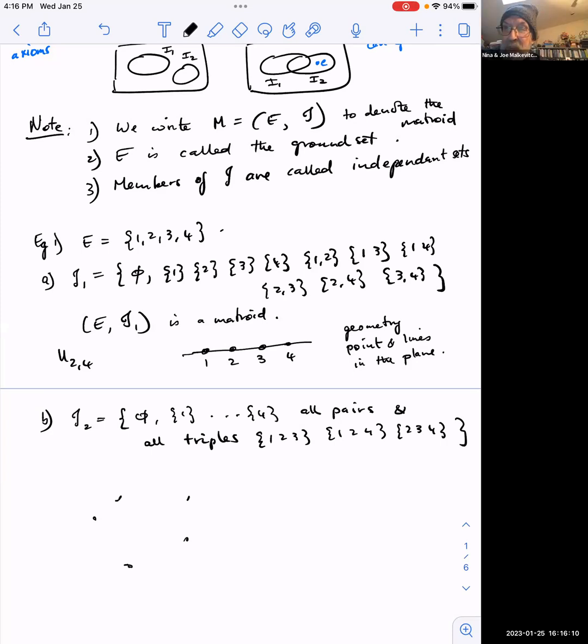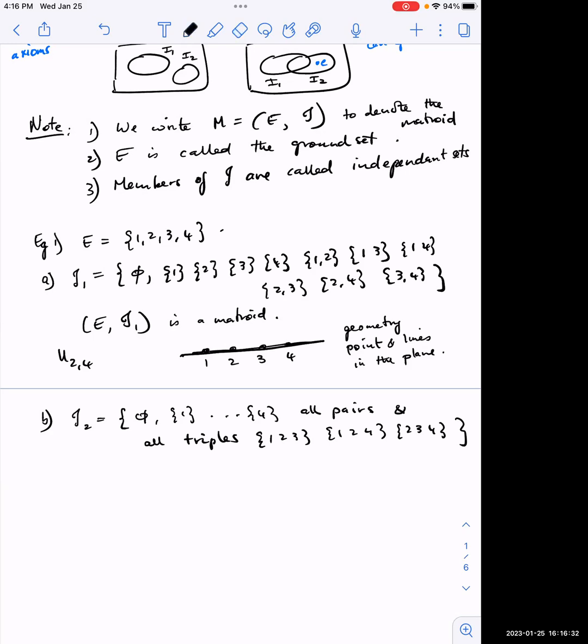Okay. And so it's just one line that passes through 1, 2, 3, and 4. All right. Yeah. Thank you. Sorry. No, that's very good. The geometric representation, when we also have the graph representation, is actually one of the hardest parts of matroid theory.